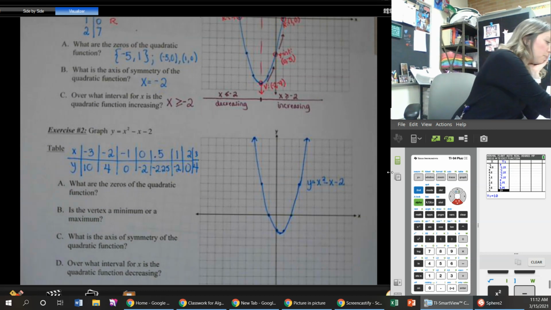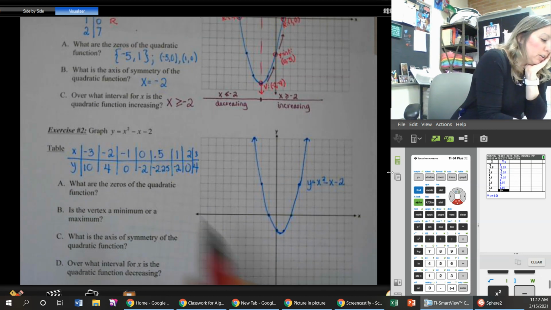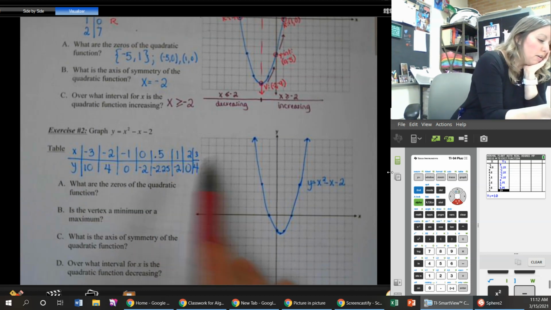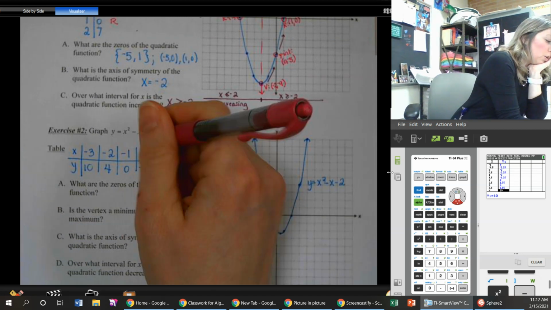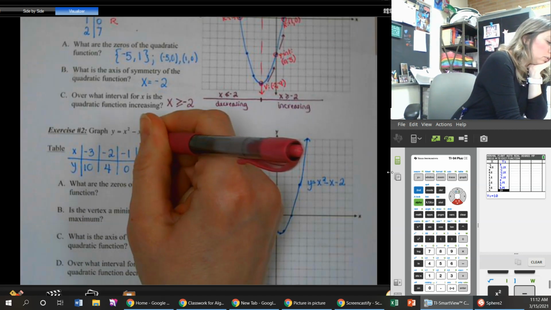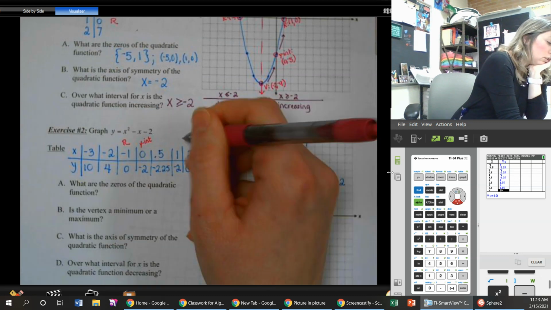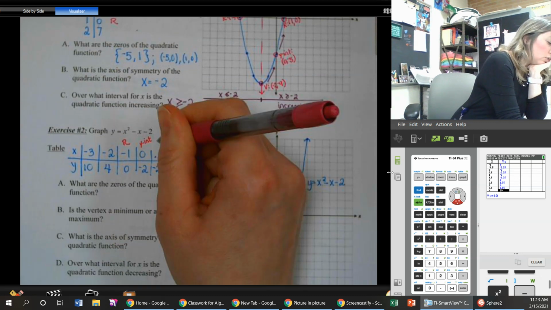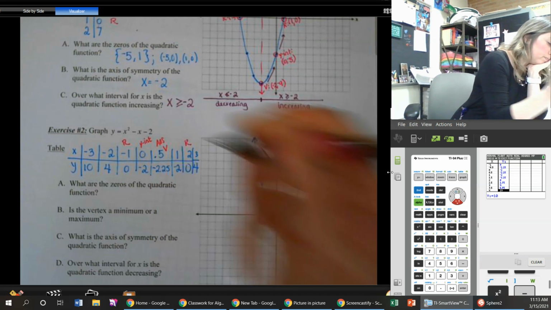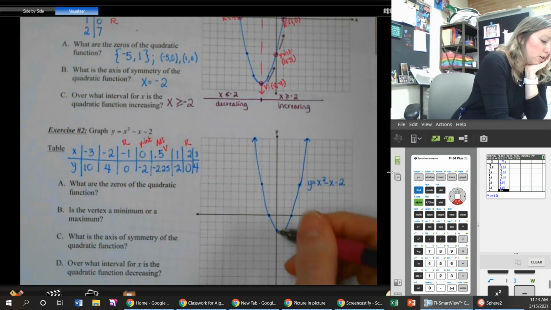So now let's label all of the pieces, and I'm going to label them on the table and on my picture. So of course, there's my y-intercept, 0, negative 2. Here's a root, and here's the axis of symmetry and vertex. And now let's label them here.